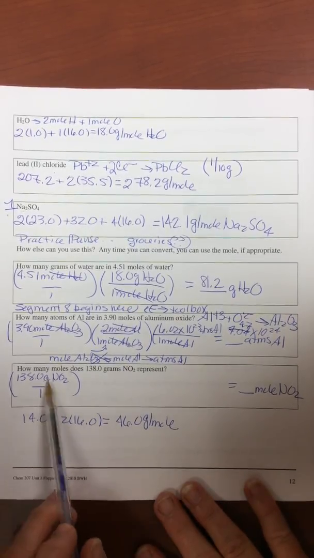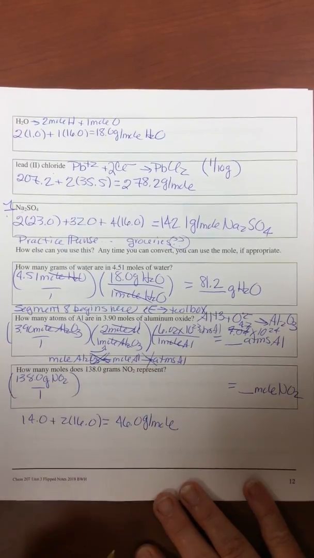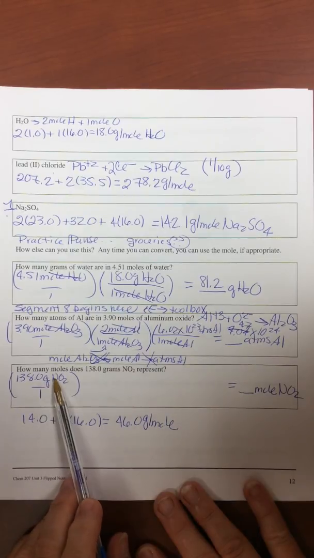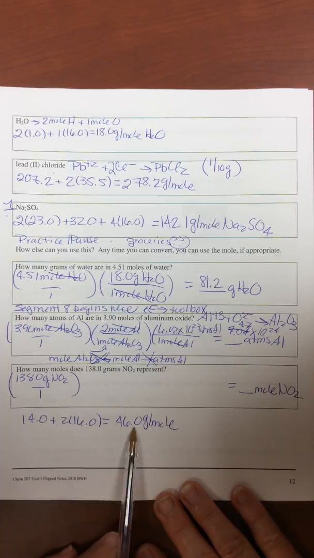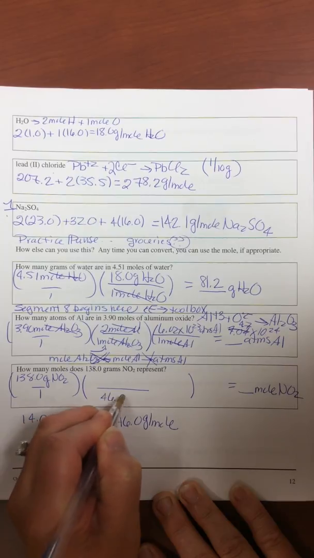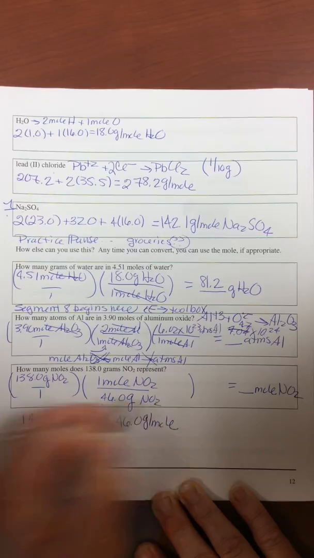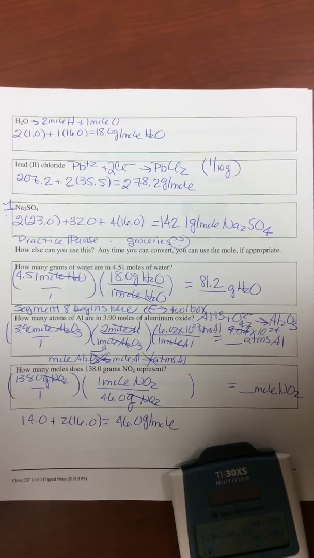On this one, grams to mole means we don't need a mole ratio. We don't need Avogadro's number. We don't need all these other tools. The tool from our toolbox is simply molar mass. Our molar mass is 14 plus 2 times 16, 46.0. 46.0 goes in the denominator, and we simply divide. 138 divided by 46 is 3.